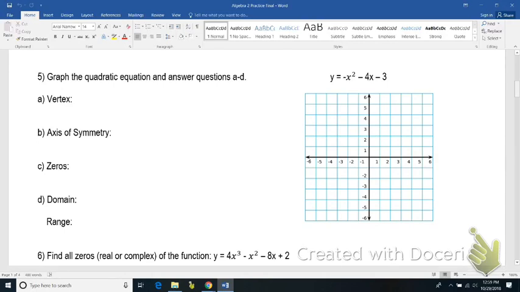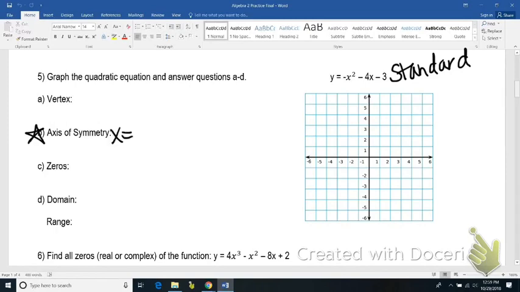When you graph this, the first thing you need to ask yourself is whether it is in standard or vertex form. They are going to test you on standard because it's the harder one, right? Vertex form, you already know the vertex. But this one, we actually have to find our vertex. And in order to find the vertex, you have to find the axis of symmetry first. I know it's listed second, but you have to find that first.